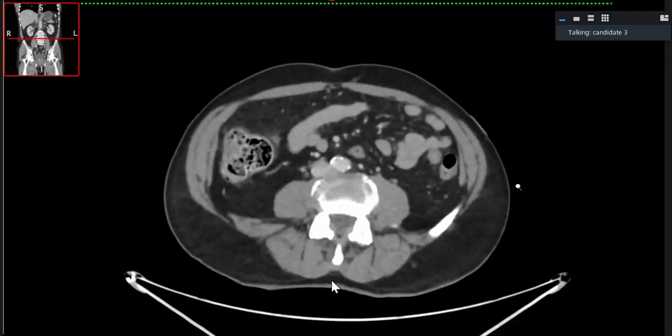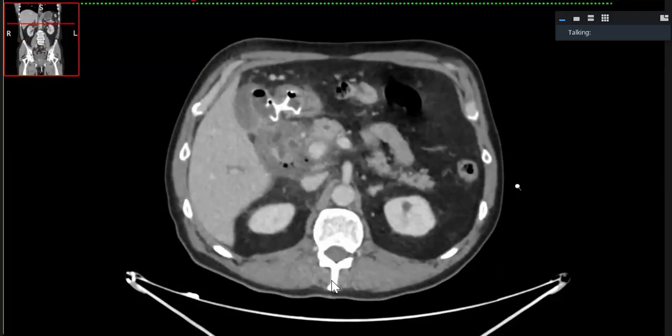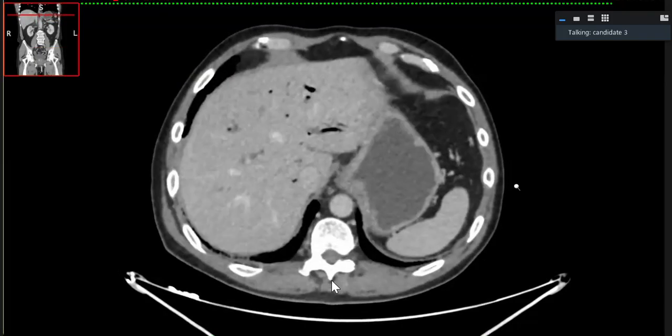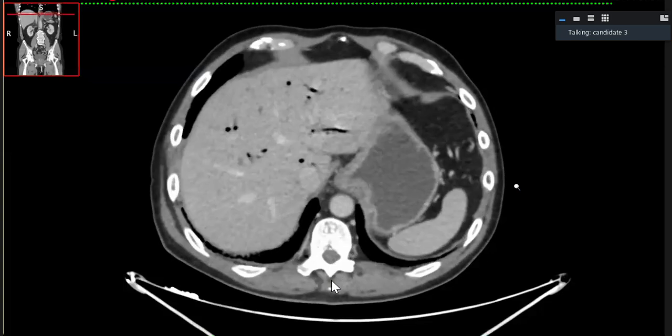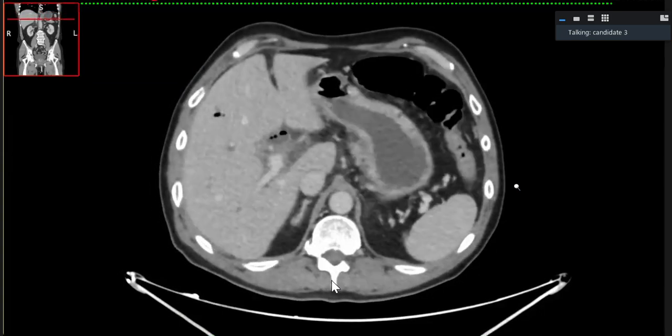Coming back to liver area and along CBD, I can see that there are air density foci within CBD and intrahepatic biliary channels suggestive of pneumobilia, likely due to recent procedure, and it also suggests a patency of the biliary channels.